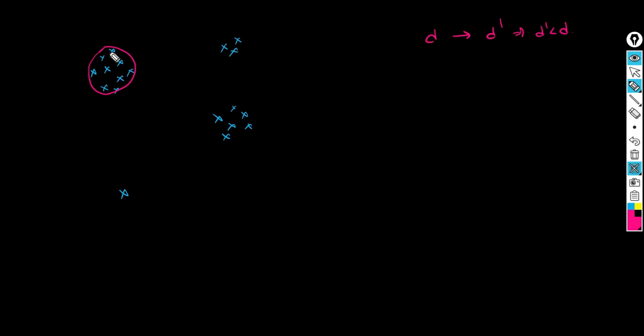These are neighbor points, it's a cluster, and this is also a cluster. This is a single point. In t-SNE, we are going to preserve the distance between neighbors, and we are not going to preserve the distance of points that are far, that means outside the cluster.